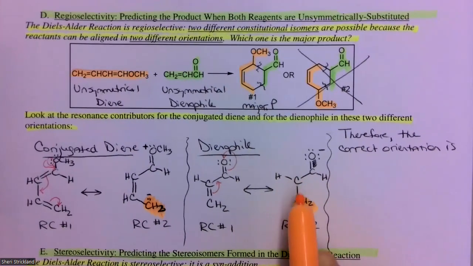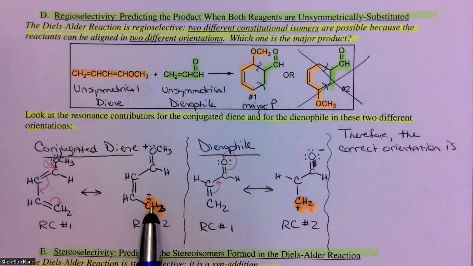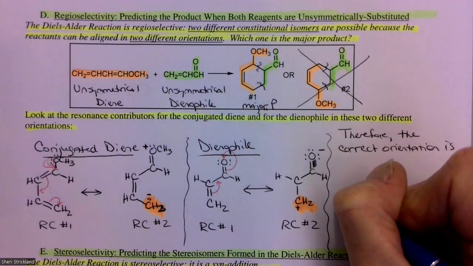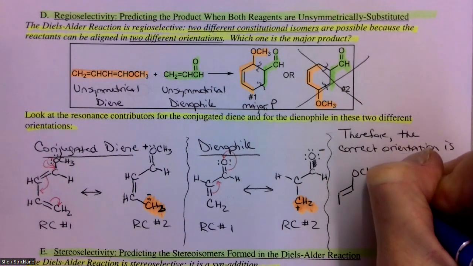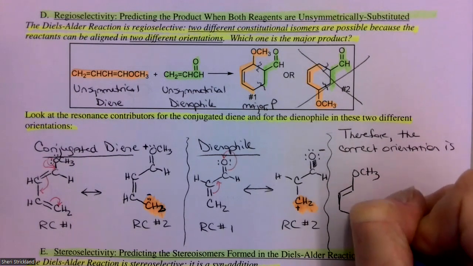And with the dienophile, with the 2 vinylic carbons, where do I have a charge? Because those charges are opposite. And I know that one of the sigma bonds is going to form between these 2 carbons. And that tells me that the correct orientation was this one.